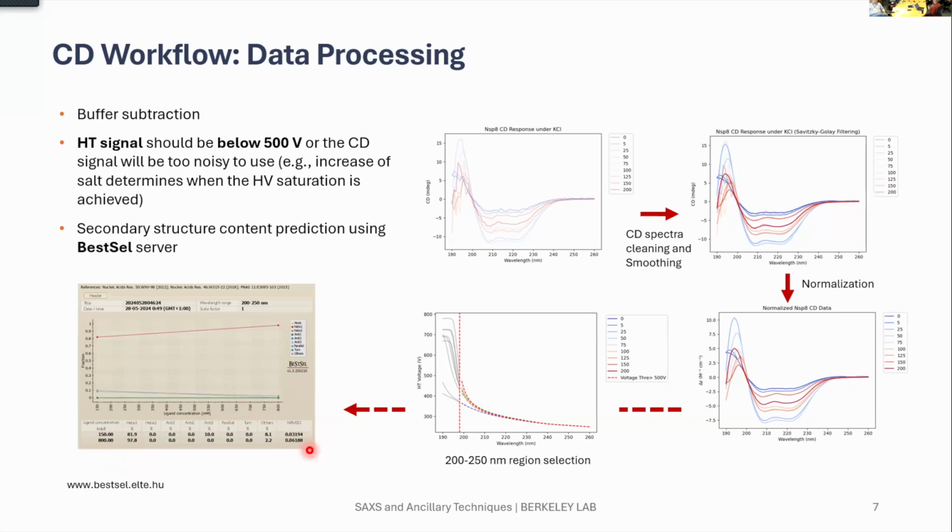Basically, the server contains a lot of different references for different secondary structures, and it does regression fitting to your data, and based on that, it can generate percentages close to what you would expect in your sample.